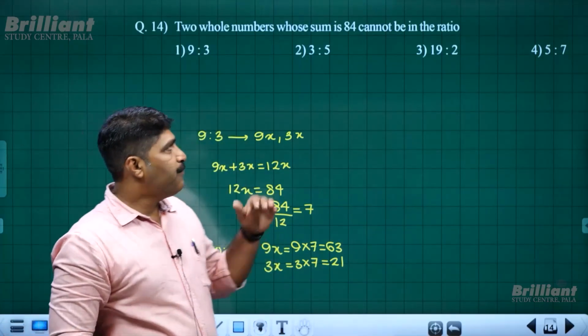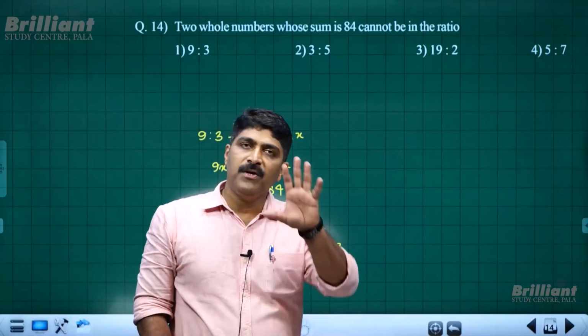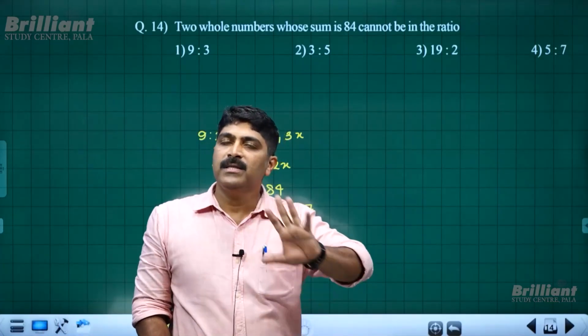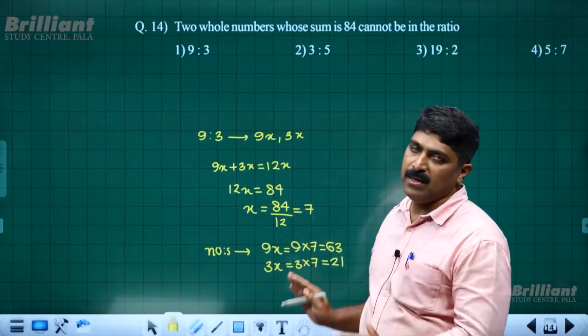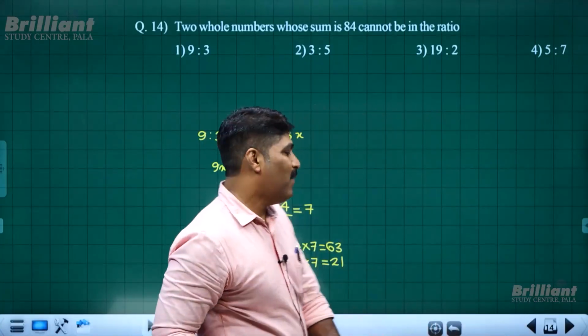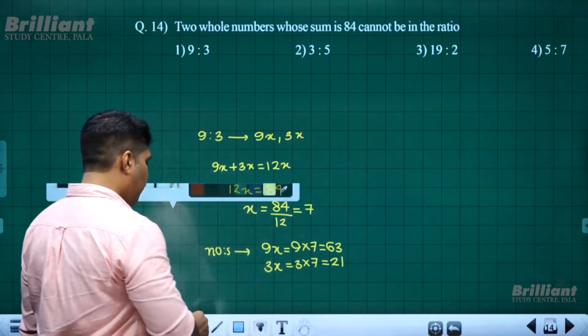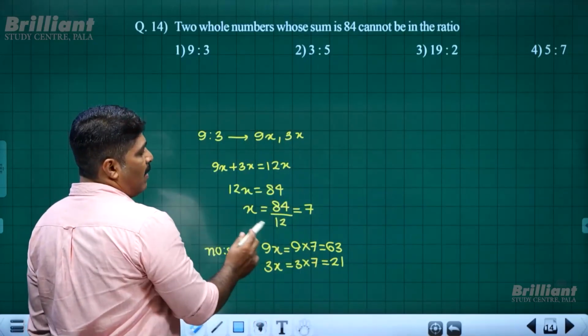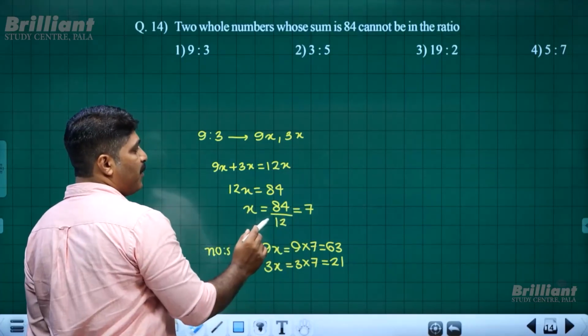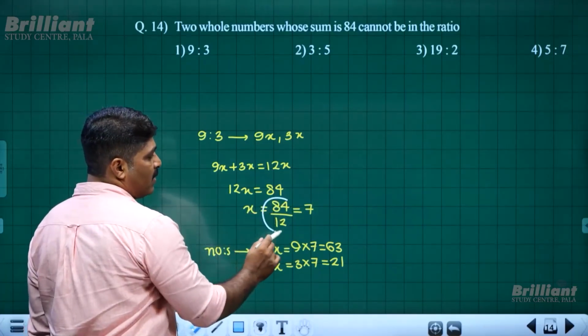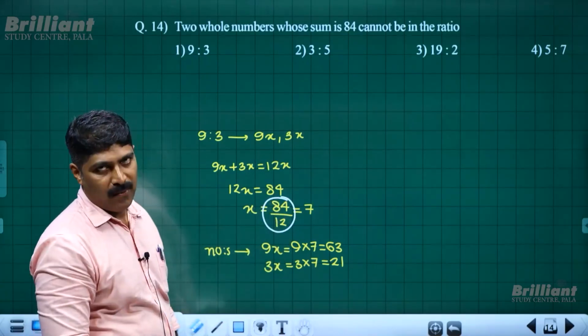Whenever we are considering further ratio values, you don't want to waste your time doing this kind of verification in detail. Instead, what's the simple logic here? In all these situations, for getting this multiplicative factor as a natural number, our testing point is very simple: whether this 84 is divisible by 12.